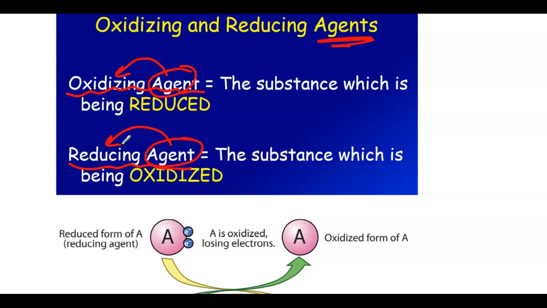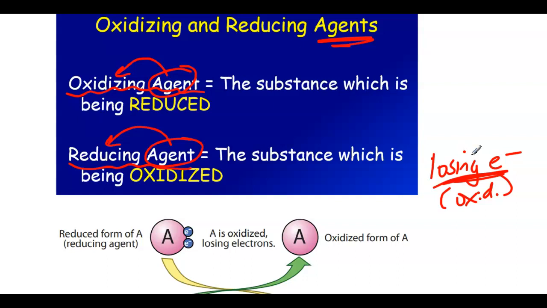So in order to help that process, it does its own thing. What I mean by that is, if I am losing electrons and I am oxidizing, I am going to help reduction, because if I did not lose electrons, there would be no electrons for that thing to gain.